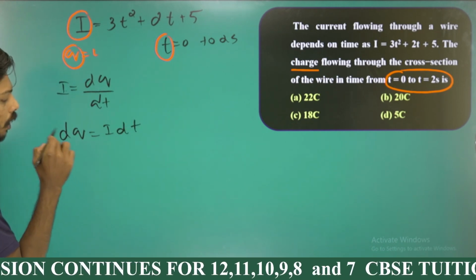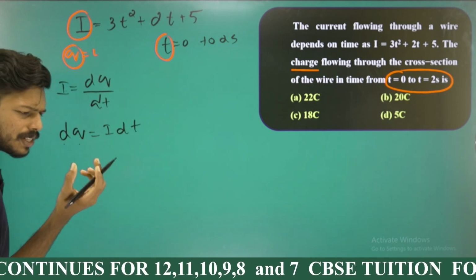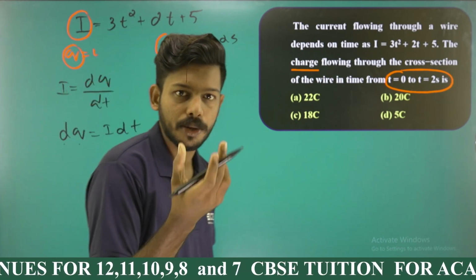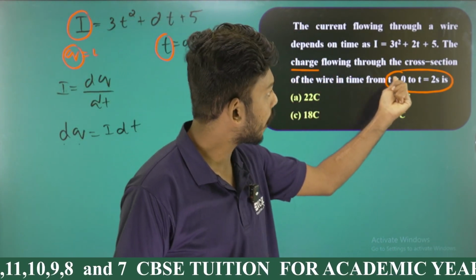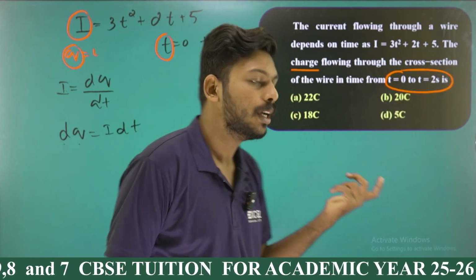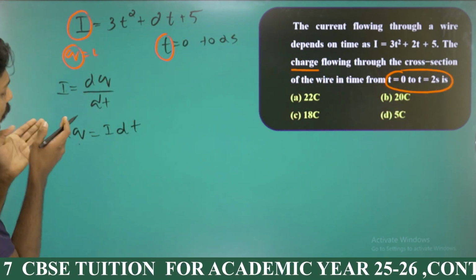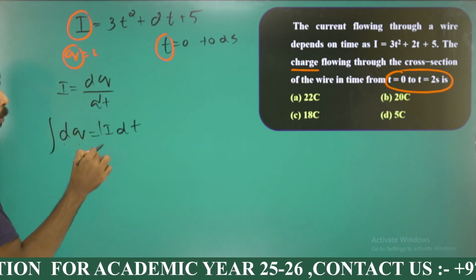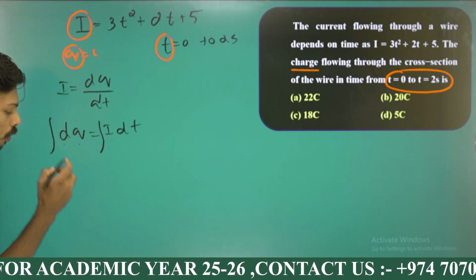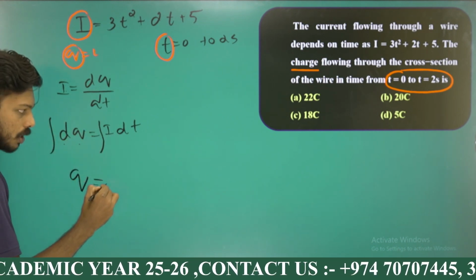What is meant by dq? dq is a small amount of charge. Here we want to find the total charge in the time limit 0 to 2 seconds. So how will you convert a small amount of charge into a large one? You can integrate both sides. When you integrate a small charge, it becomes Q, the total charge.